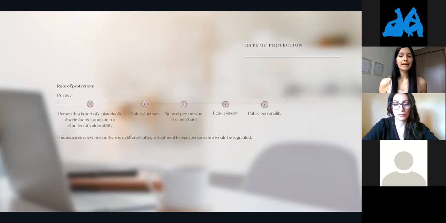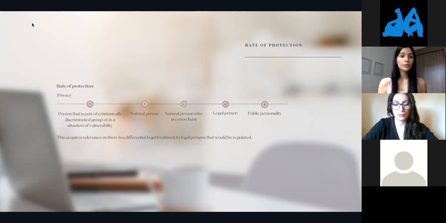Lo primero que quiero señalar es el rango de protección que tienen según la calidad de las personas que intervienen, sean por quienes dicen o de quienes dicen. The first thing I'd like to point out is that there are differential statuses of protection depending on who says the news or who the news are about.